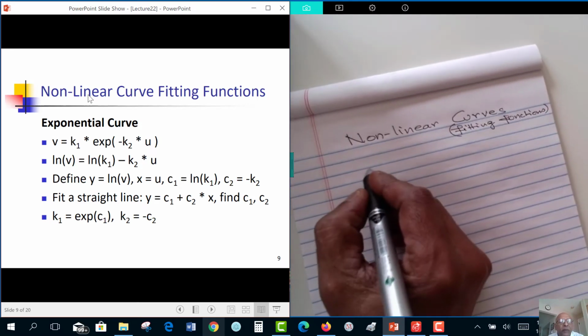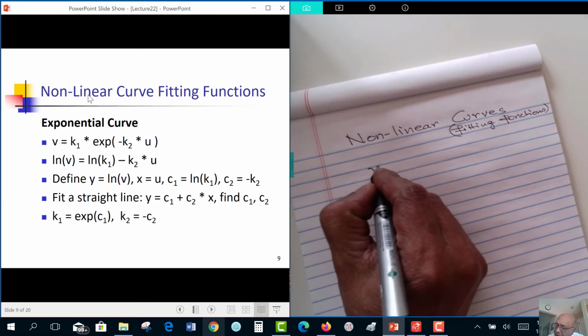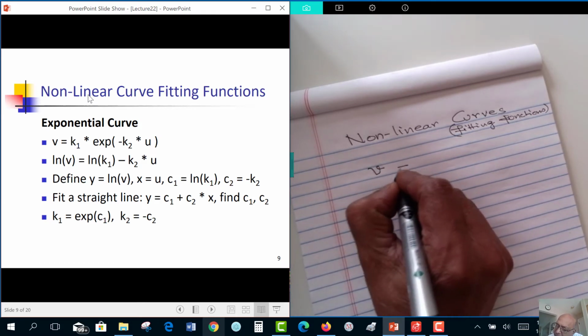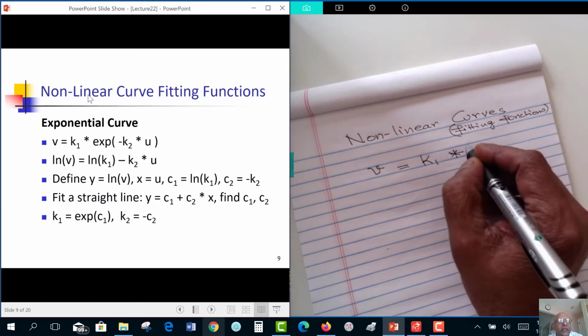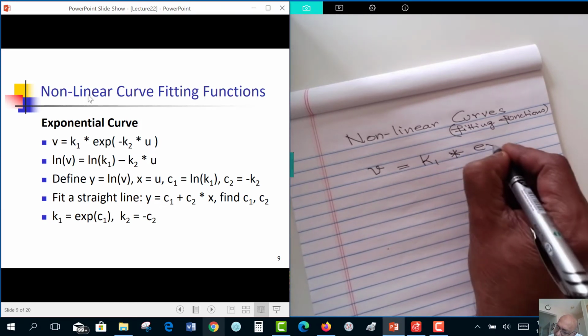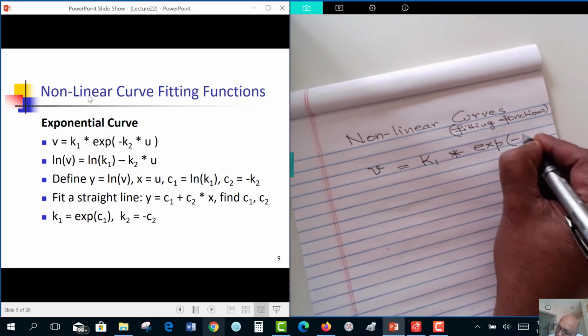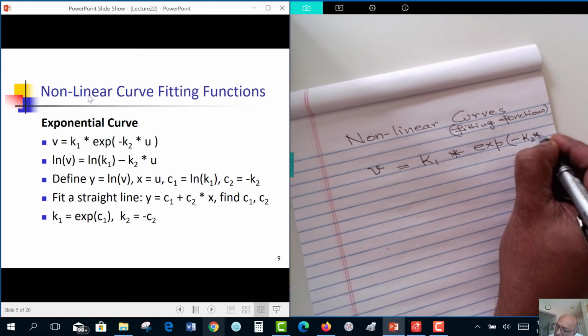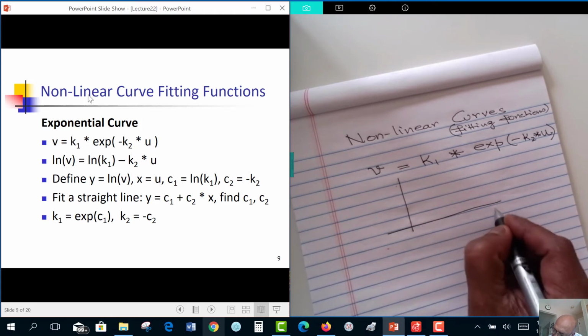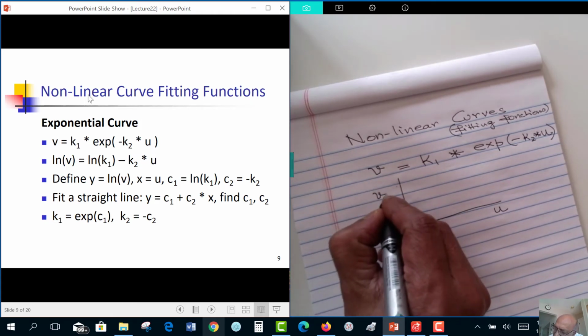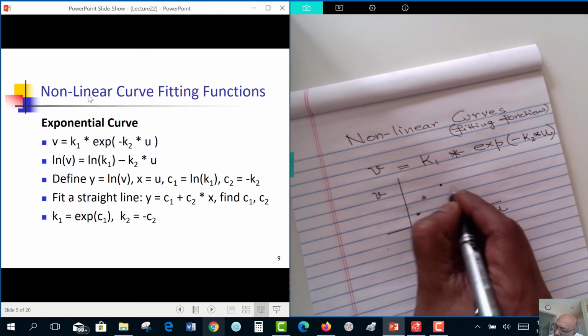So as an example, let's suppose we are given UV data. So this is an exponential curve. So our data is U versus V. We are given n data points.